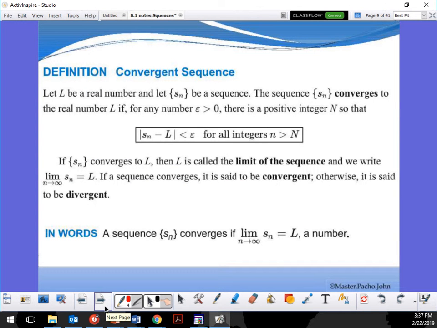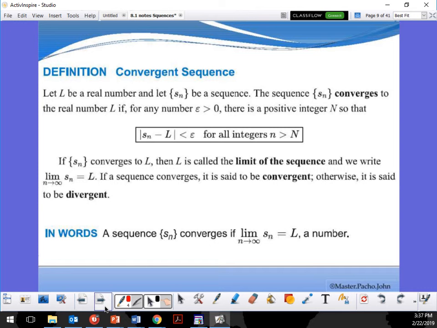Definition of a convergent sequence. Let L be a real number and let S of n be a sequence. The sequence S of n converges to the real number L, because L is supposed to be the limit, right? Capital L, limit.